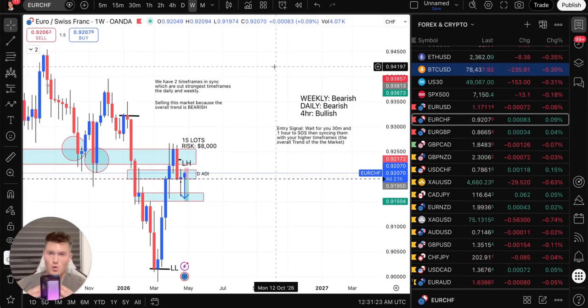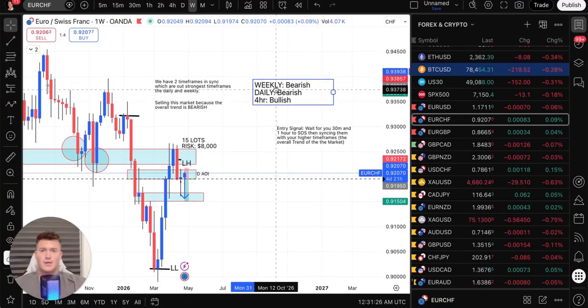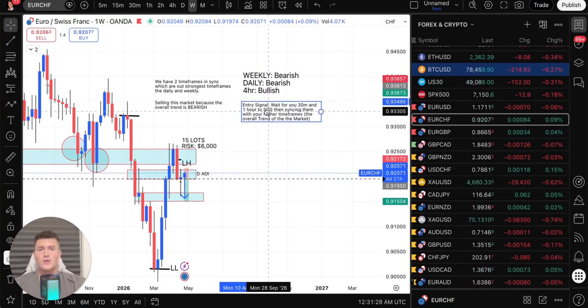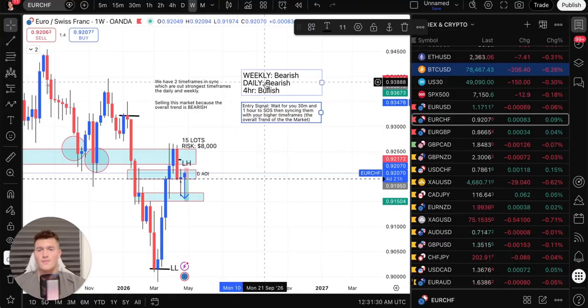So this is what I look for in my top-down analysis. Look for my entry signals and I look for a trend of the market.